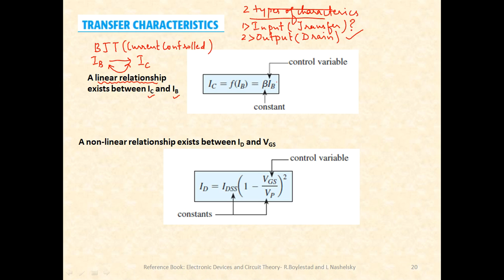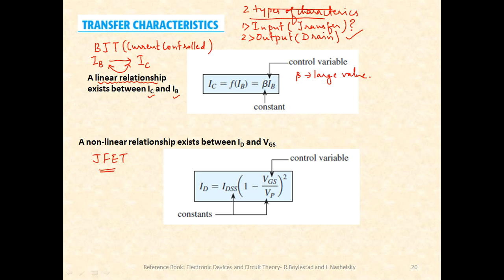Usually beta is a very large value, so that when a small base current is multiplied by beta, you get a large output current IC. Beta is a constant here. The point is, between IC and IB there exists a linear relationship, which is extremely important. Now coming to a JFET.